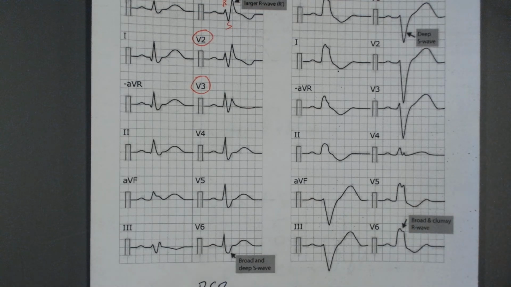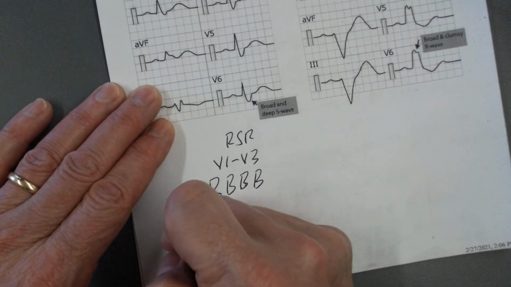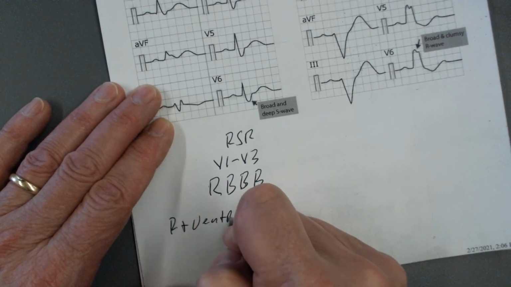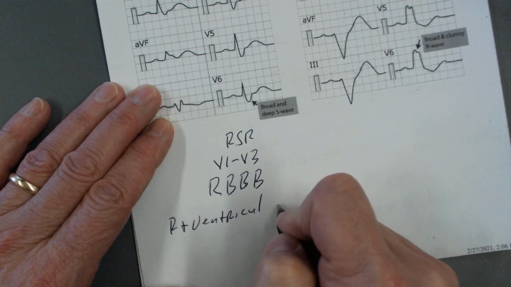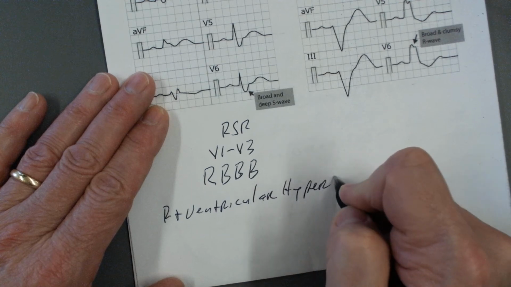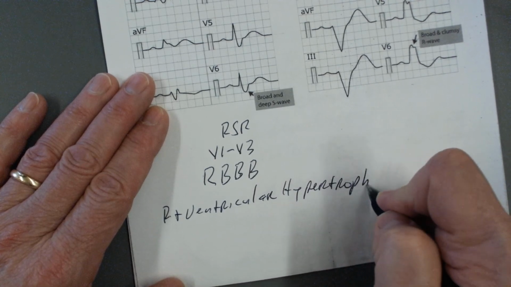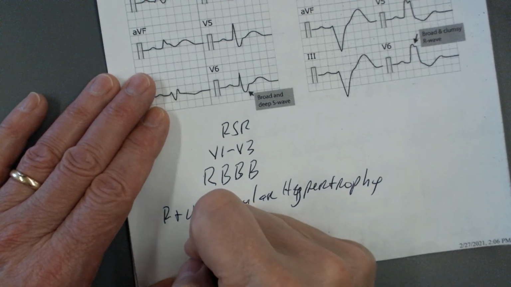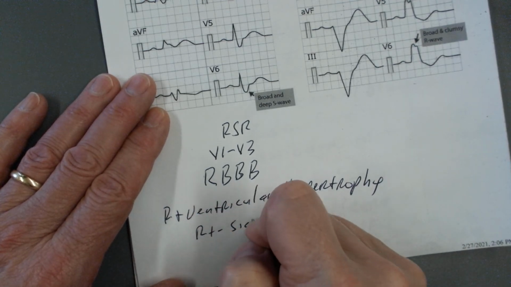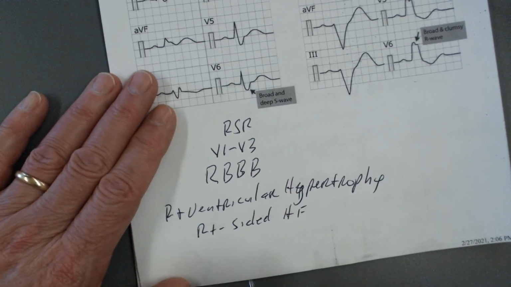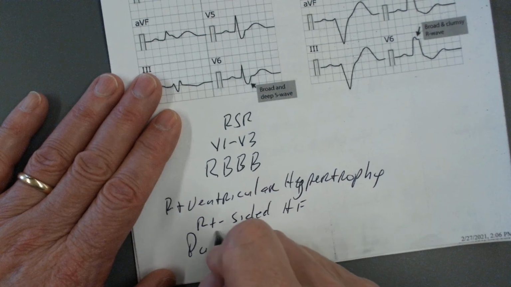So the causes of right bundle branch blocks might include right ventricular hypertrophy, that can cause a right bundle branch block. You might also have right-sided heart failure, and also pulmonary embolism.